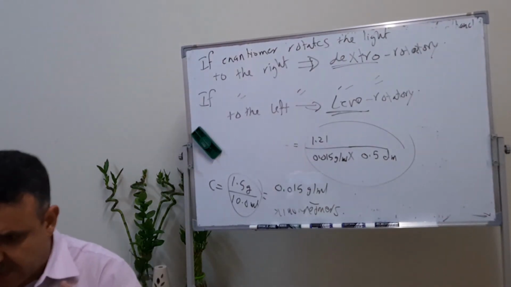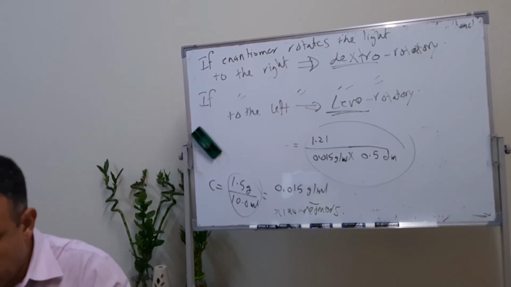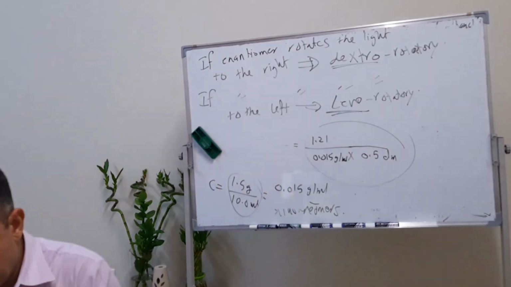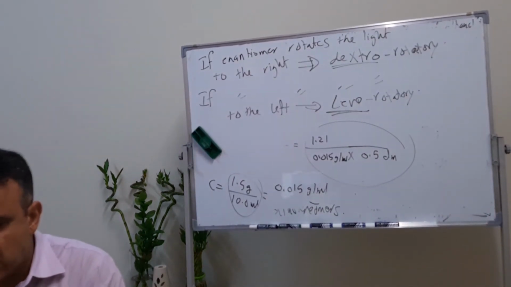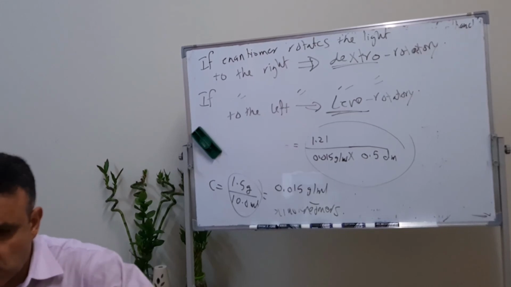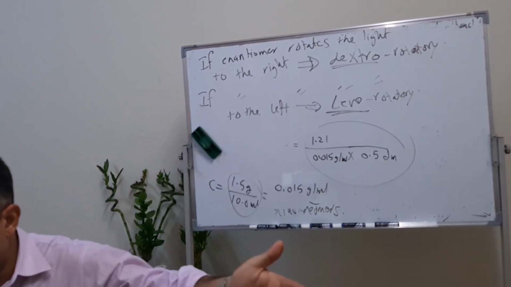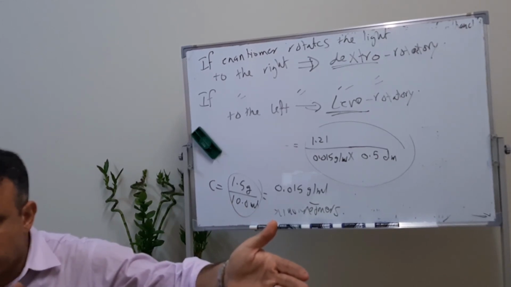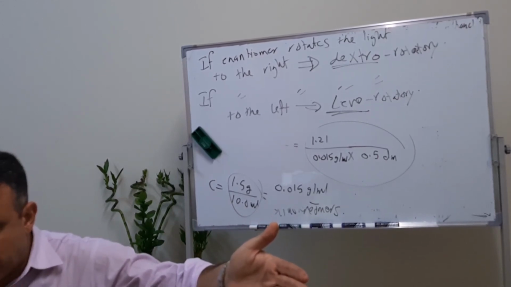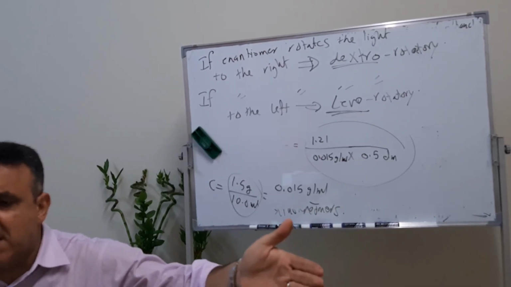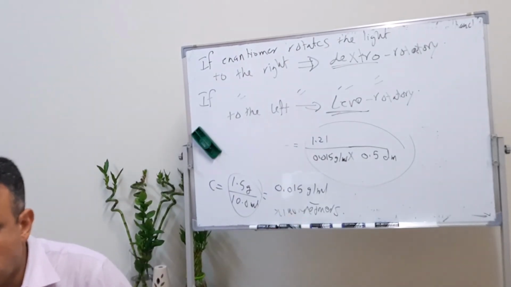To make the story short again, enantiomers have identical physical properties. They only differ in their interaction with plane polarized light. If one enantiomer rotates the plane polarized light to the right, which we always give a plus sign, then the other enantiomer must rotate the plane polarized light to the left, which we give the negative sign, but with the same degree of rotation.